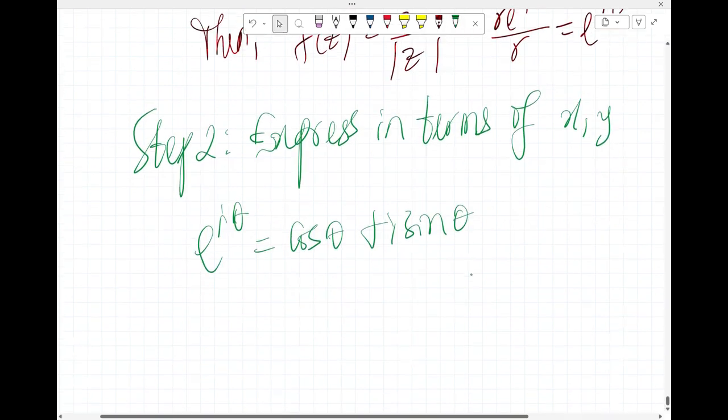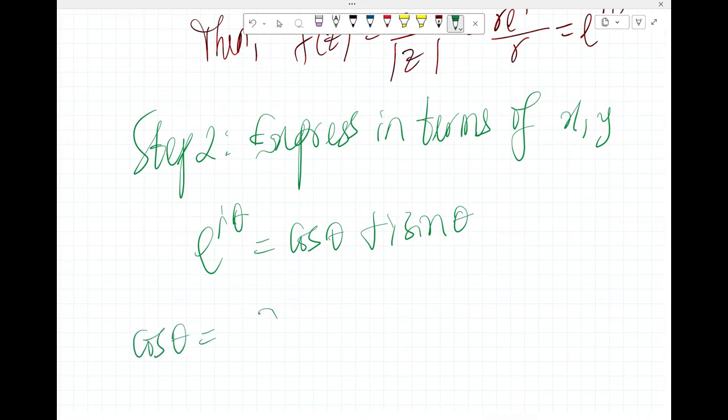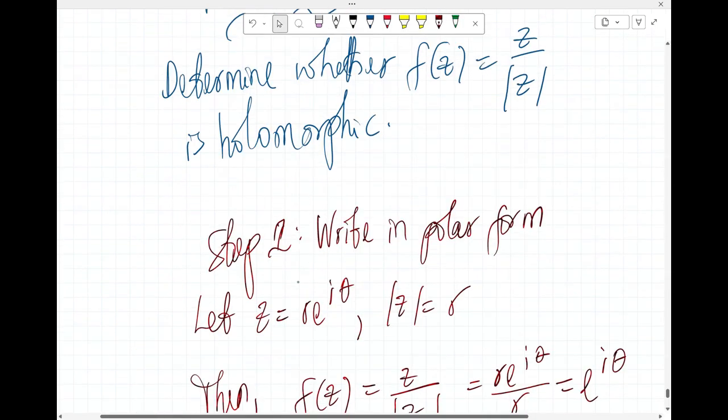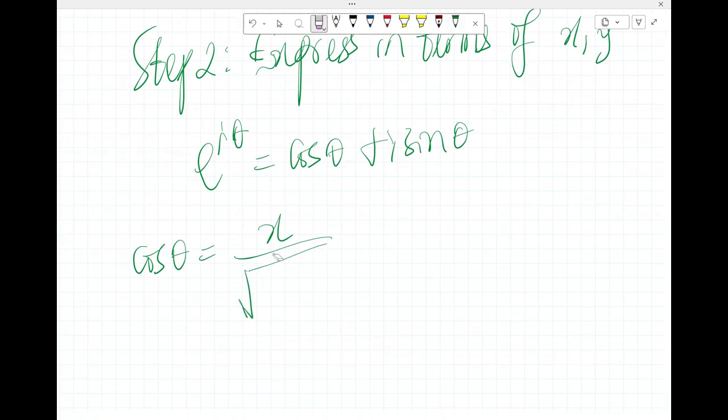And we know already that cos theta is x over r, and r is the absolute value of z, which is x over square root of x squared plus y squared.